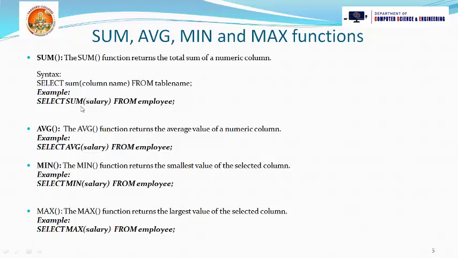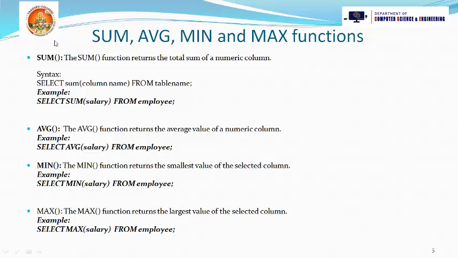It displays the total salary given to the employees. And next, the average function. This average function takes a group of values as input and calculates the average for those values. If we apply it to the salary, it calculates the average of the values associated with the salary column.